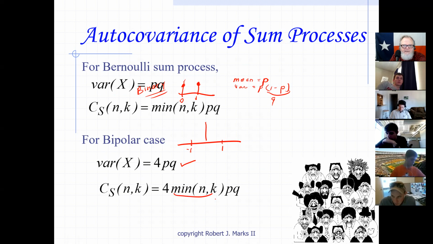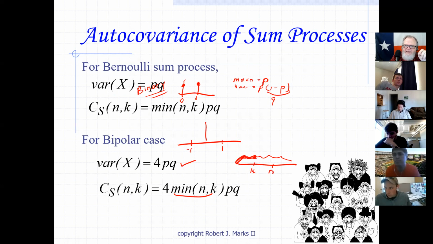Notice this minimum operation is applicable no matter what the sum processes are. And does that kind of make sense? Because if you think of a sum process, we're going out here to k, and then we're going out here to n. It's kind of like both n and k share the same stochastic process up to k.